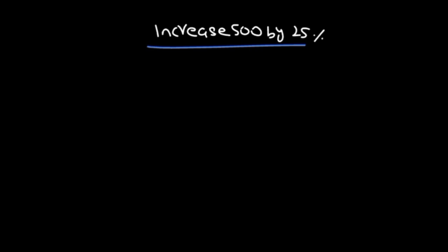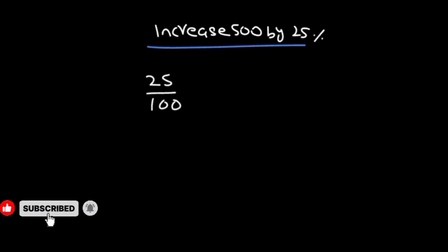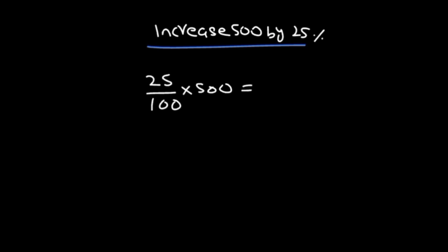Increase 500 by 25%. So we have 25 over 100 times 500 is equal to 125.